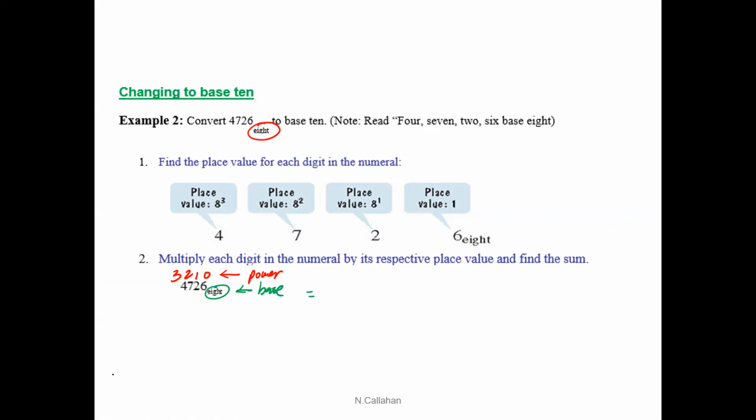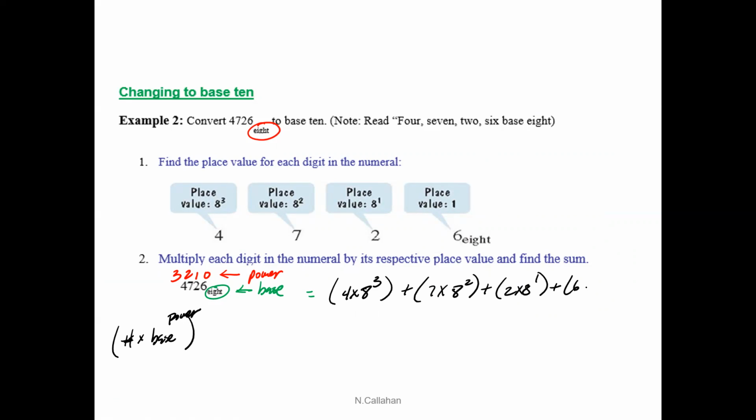When I write this out, it's always the number times the base to the power, and you keep going until you're done with all of the numbers. So the first is 4 times 8 to the power of 3, plus 7 times 8 to the power of 2, plus 2 times 8 to the power of 1, plus 6 times 8 to the power of 0.